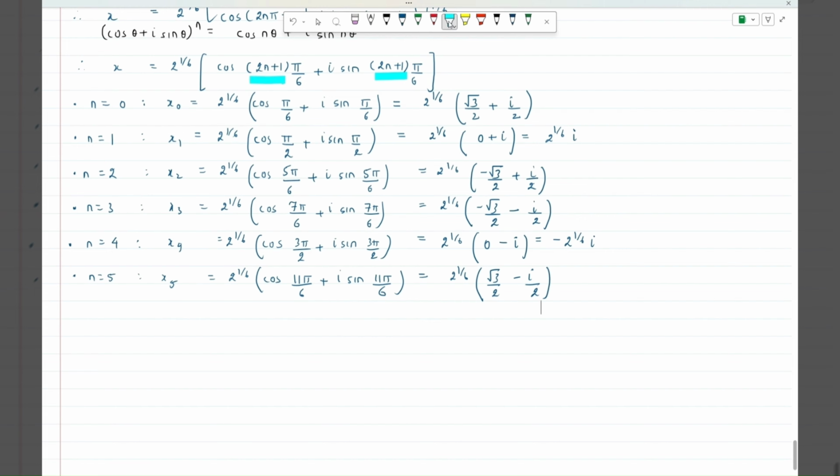So these are the 6 roots that we are looking out for. 1, 2, 3, 4, 5 and 6.